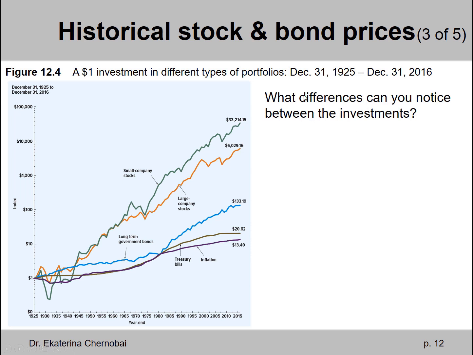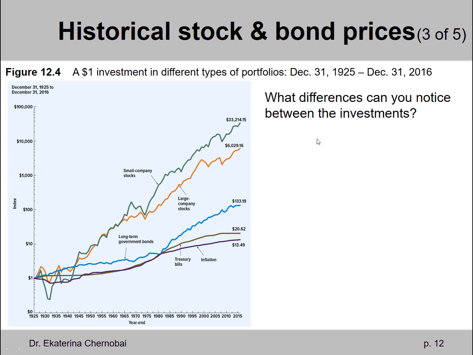So how about I rephrase this question? If you were that person who invested $1 in 1925, and let's say you lived until now, 2016, which investment was the best one? What would have been the smartest investment to invest $1 into?